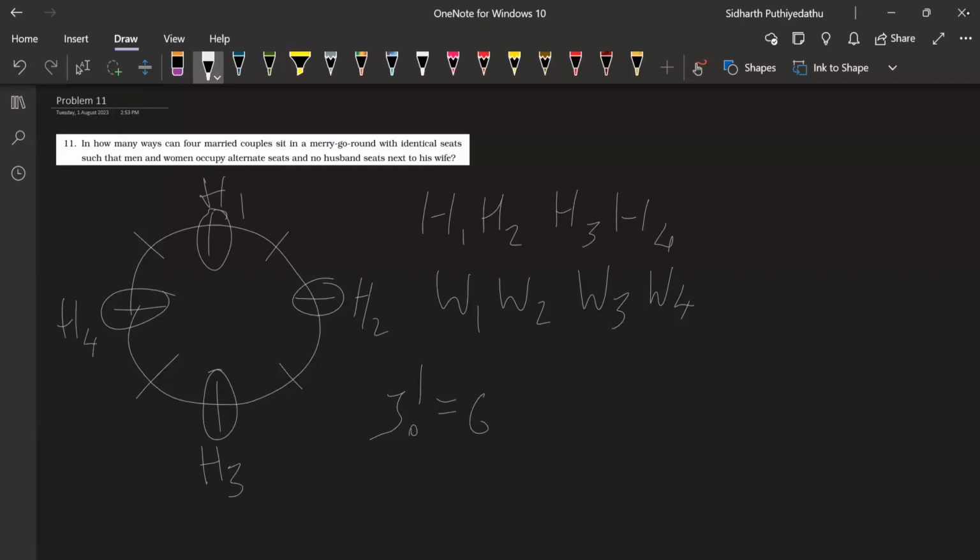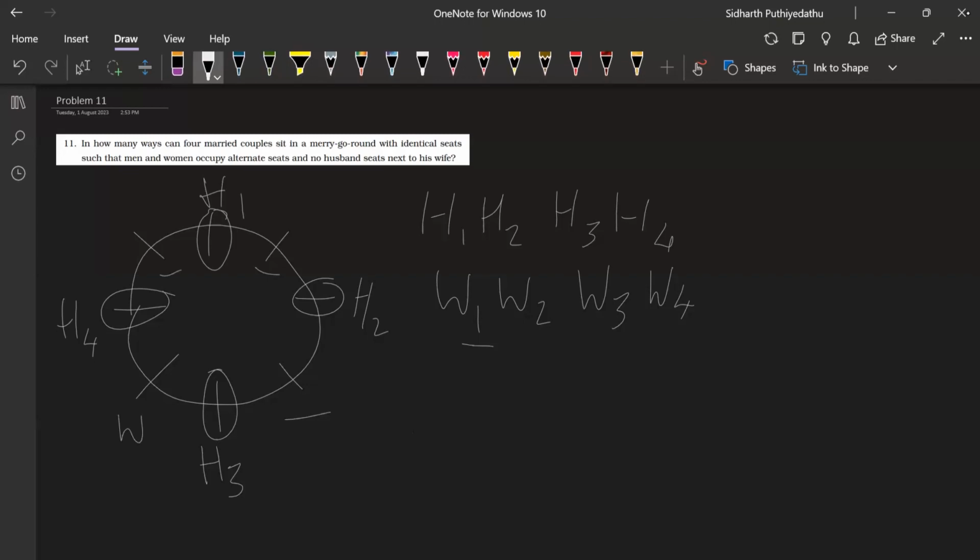And so now let's imagine any general one. I'm just writing H2, H3, H4 just for explanation. For any specific arrangement like this, now we consider where the wives could be. Note that W1 cannot be in either of these 2 spots, so they must be opposite. There's 2 options for where W1 can be.